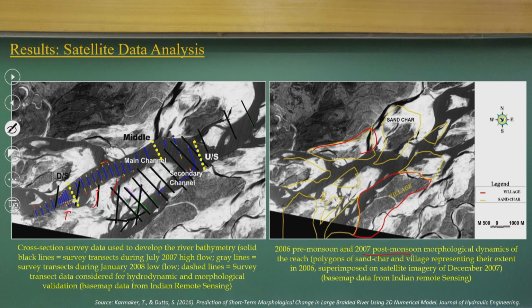How the things have changed. The polygons are the chars and villages representing that extent in 2006 and December 2007. So that much morphology change is there in the chars.